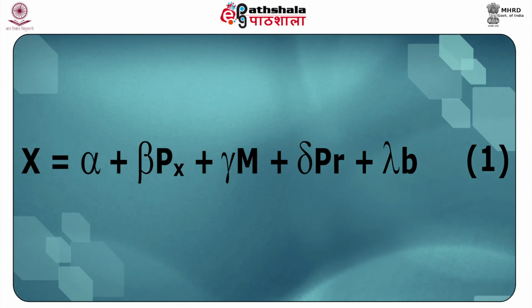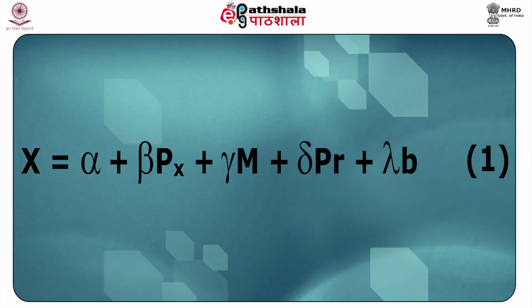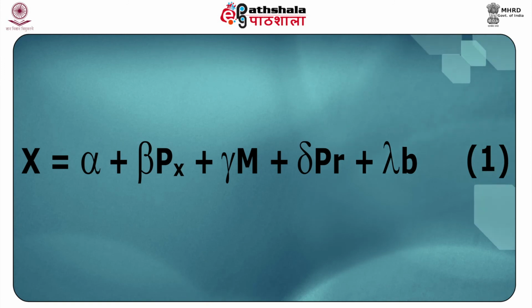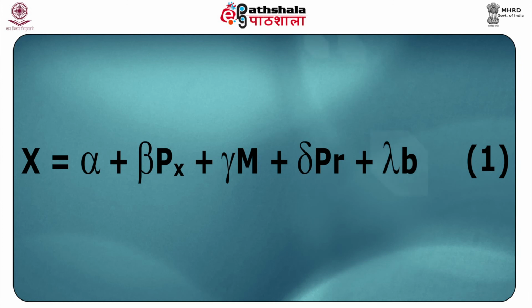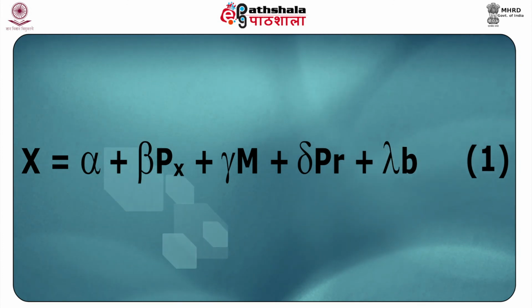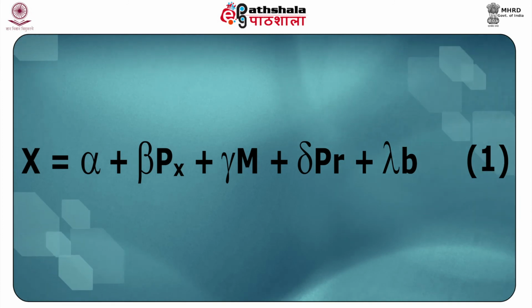The related good can be a substitute or a complement. If the related good is a substitute or complement, then the relation would be positive or negative. Lambda measures the change in the quantity demanded with 1 unit change in the number of buyers.